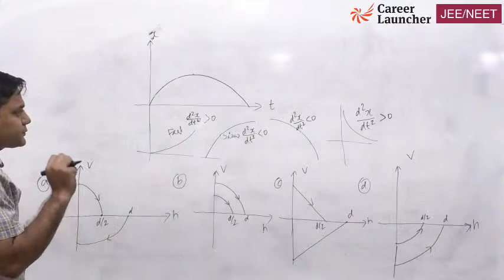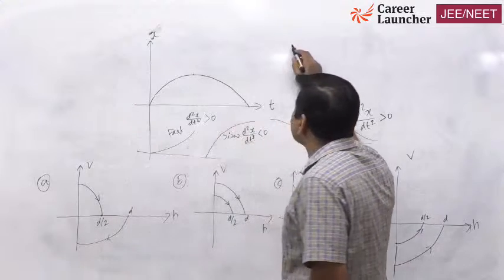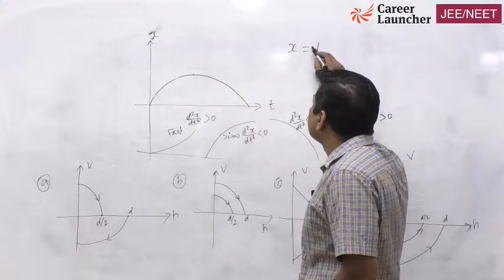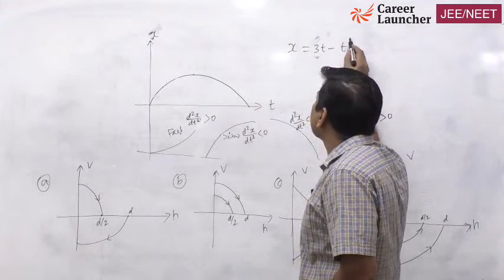Based on that, I want to look at one question to see how many of you can answer this. Say x is 3t minus t square.